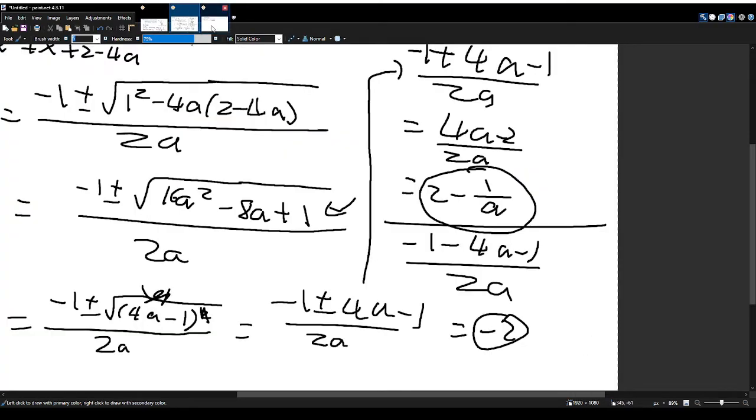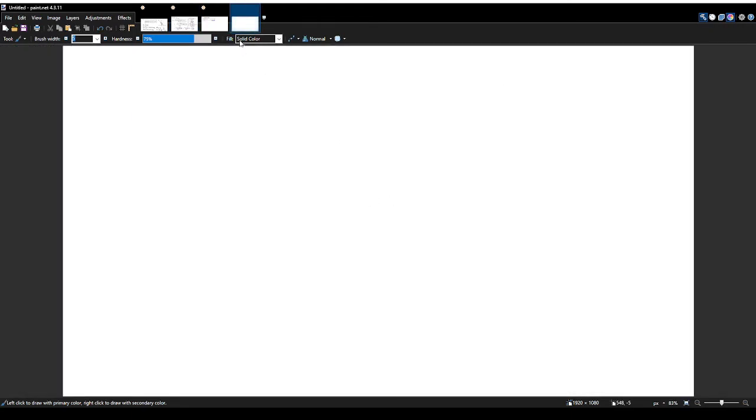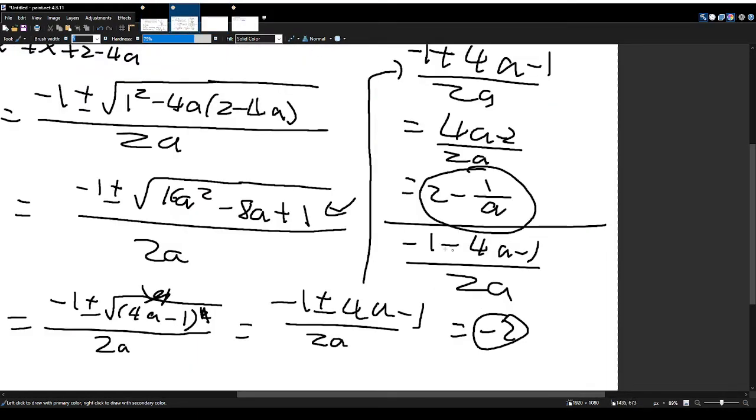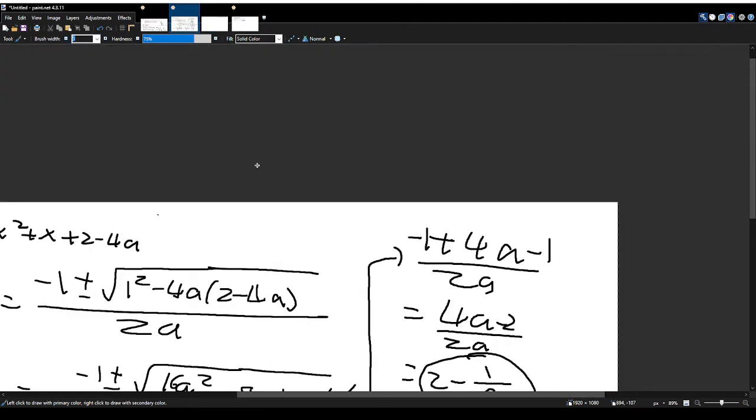So we should probably make another page here. So you don't know your y's, but you know your x's already, so you can just plug them into this equation.